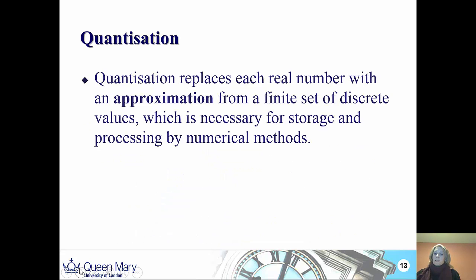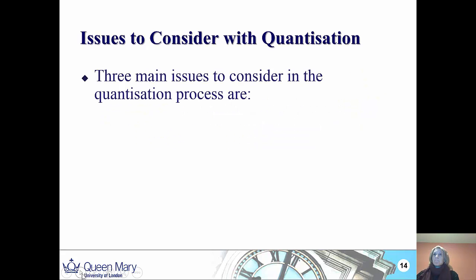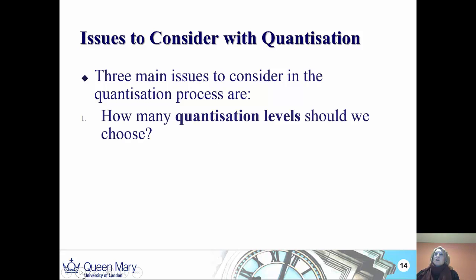So quantization replaces each real number with an approximation from a finite set of discrete values. So we're approximating a discrete value for a continuous number from a continuous signal. Issues to consider in the quantization process include how many quantization levels do we need to choose.